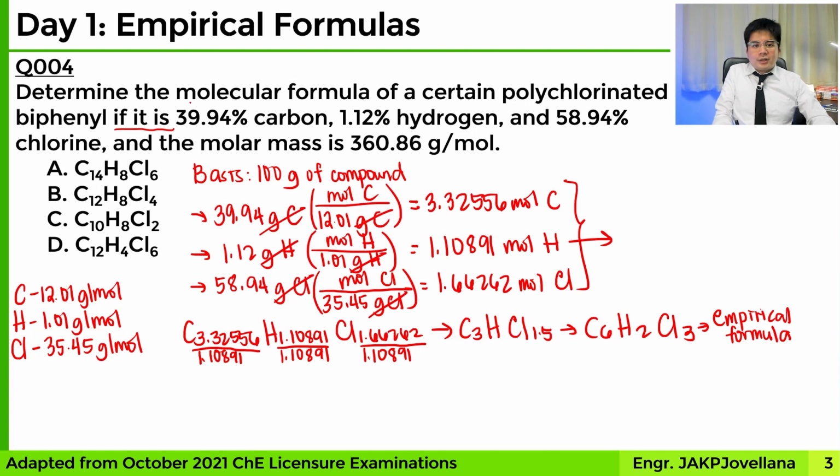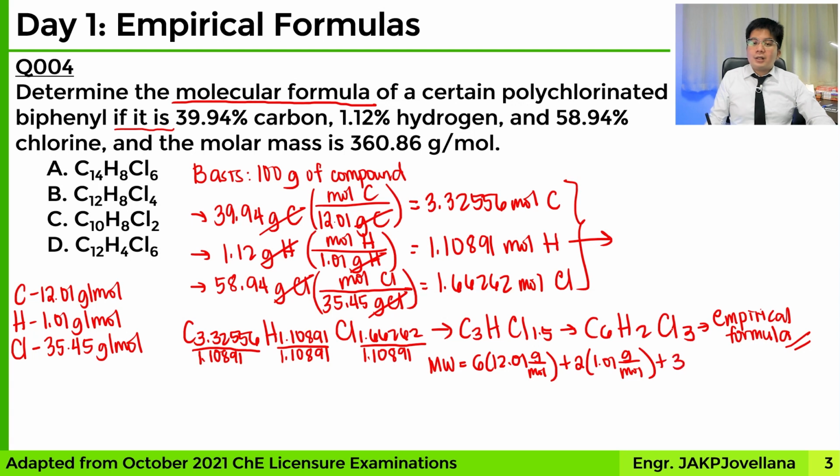Since we are determining the molecular formula, we need to first check the molar mass of our empirical formula. For C6H2Cl3, the molar mass of the empirical formula is 6 carbons, so 6 times 12.01 grams per mole, plus 2 hydrogens, 2 times 1.01 grams per mole, plus 3 chlorine atoms, 3 times 35.45 grams per mole.